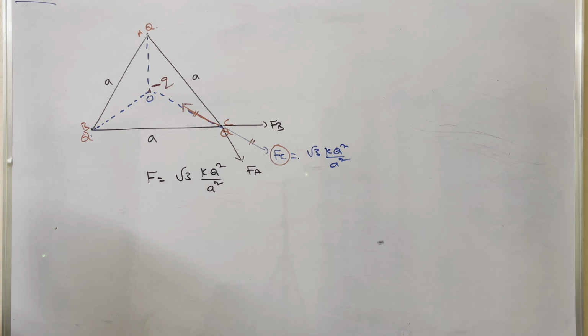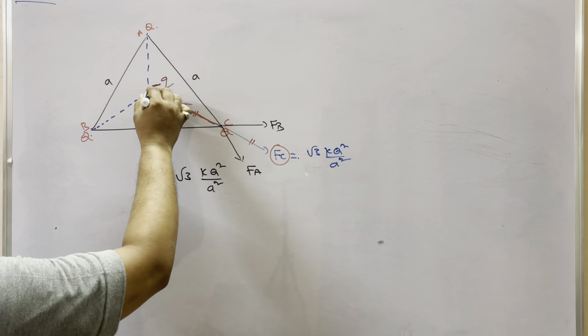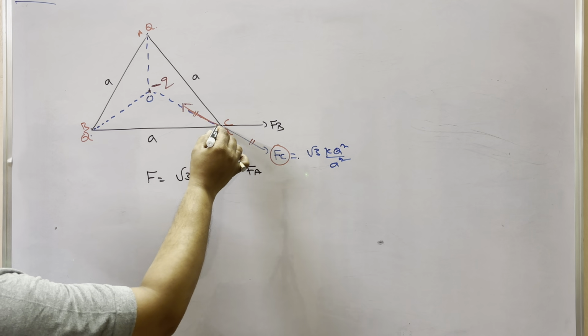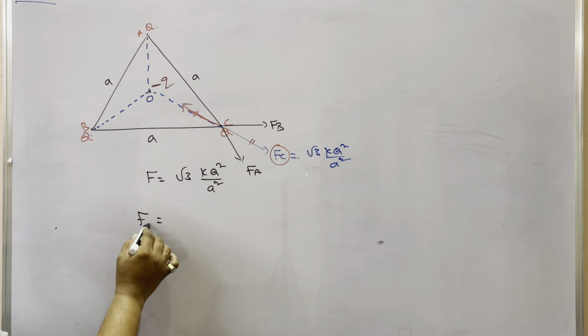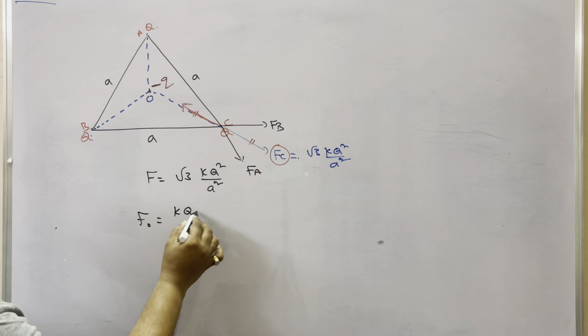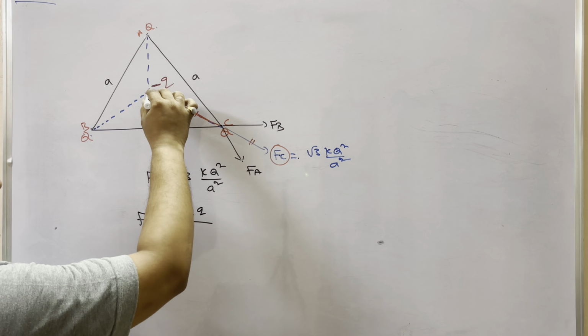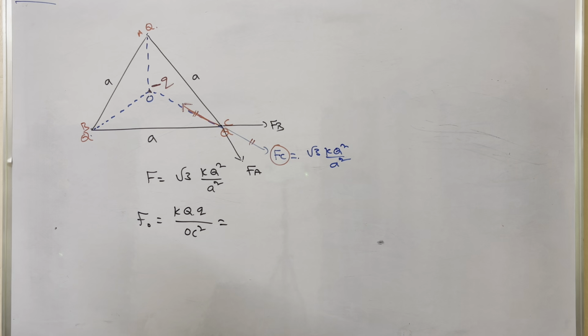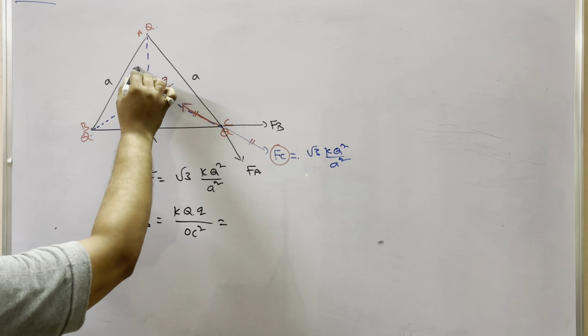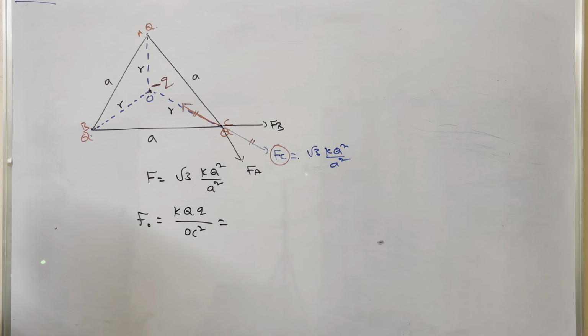That charge value we are taking as small q. Then what is the force between the center-placed charge and C? That is F naught is equal to K into capital Q into small q by this distance, that is OC square. Already we discussed one day what is the distance from center to corner within the triangle.